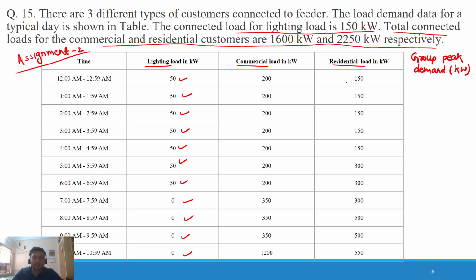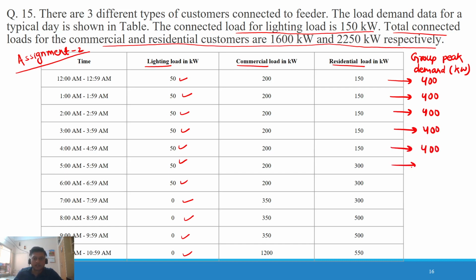So we can find that 50 plus 200 plus 150 is 400 kilowatt. This one is also 400 kilowatt, this one also 400, and this one also 400.